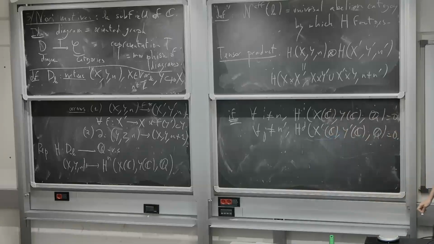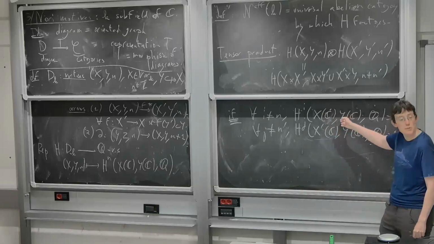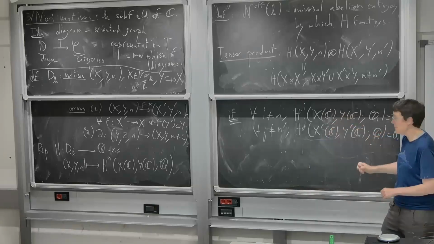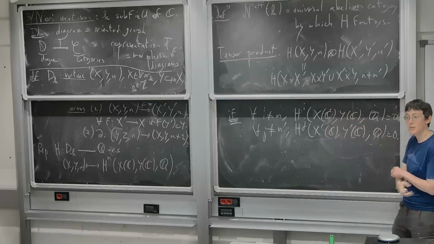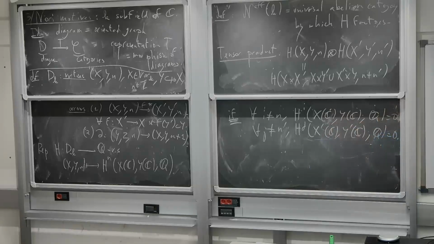Again, because Swan already explained this, let me just say in words what is going on. If you have triples (X, Y, n) and (X prime, Y prime, n prime) that satisfy this property, the relative cohomology is concentrated in one degree, which happens to be the degree that I picked here.